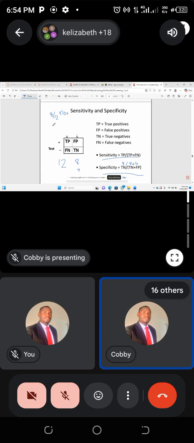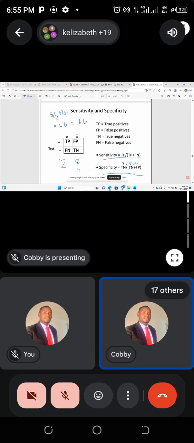Let's do mathematics. 8 by 12 is giving us what? 0.66. So when we round off and multiply by 100, our specificity is 66%.